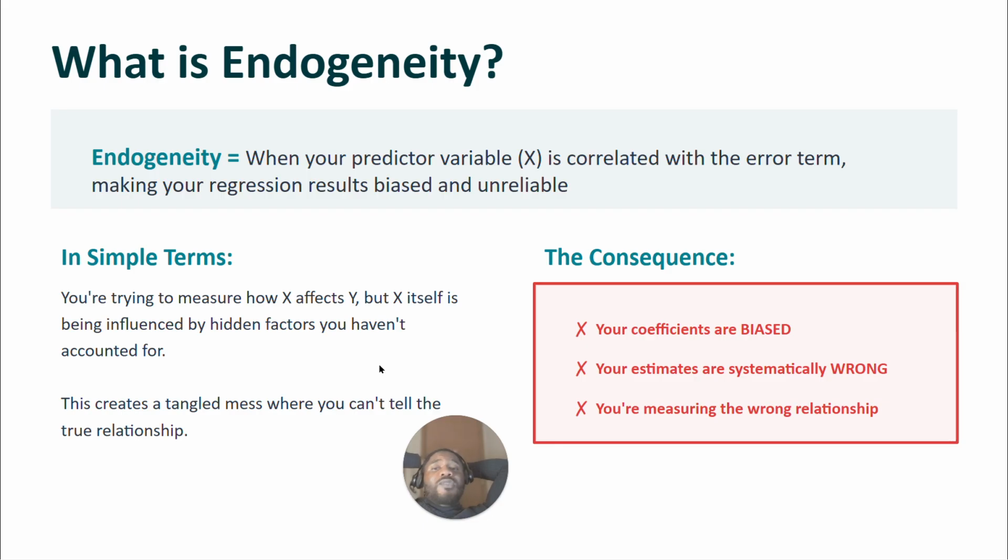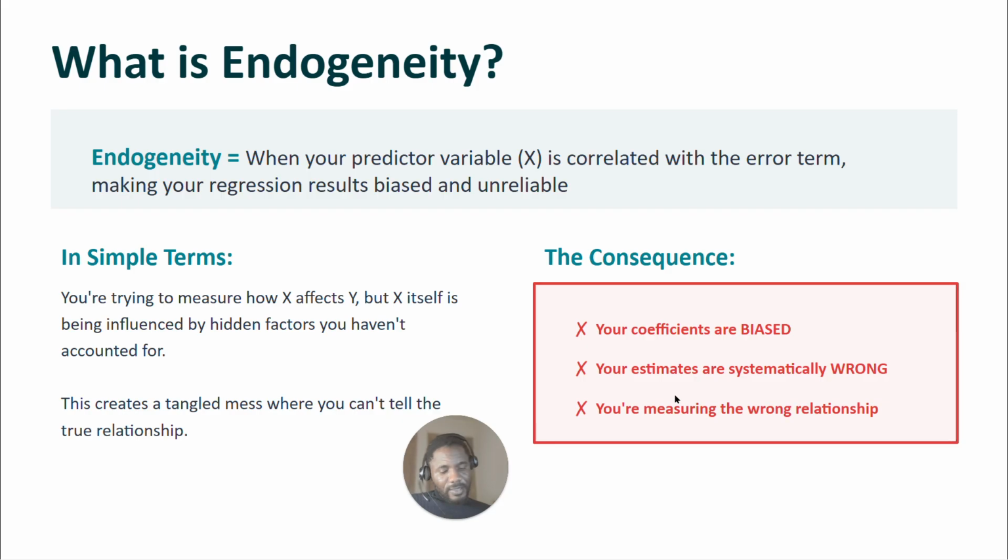And here's why this matters. Look at the consequences here on your right side. The consequence is that you get a very biased coefficient. If you don't know what a coefficient is, I'll do a video.